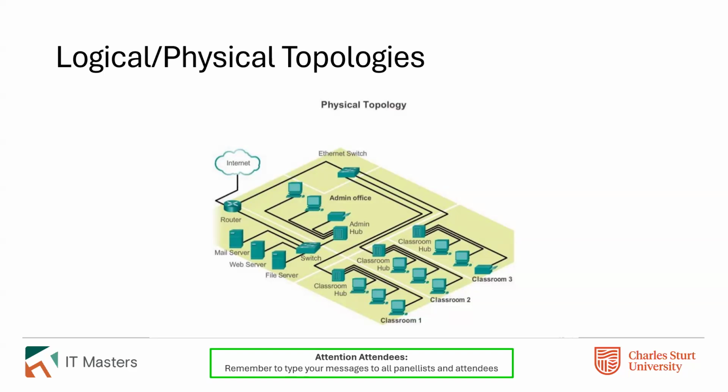You'll notice that nothing in this diagram tells you anything about what IP addresses they're using, what VLANs they're using, or how the devices are actually supposed to talk to each other, except in the broadest of terms. But it's still a useful diagram for understanding where the cabling runs and what talks to what. So if, for example, everything in classroom 3 was offline, I know where I'd be looking first. Clearly that's going to be the classroom hub.